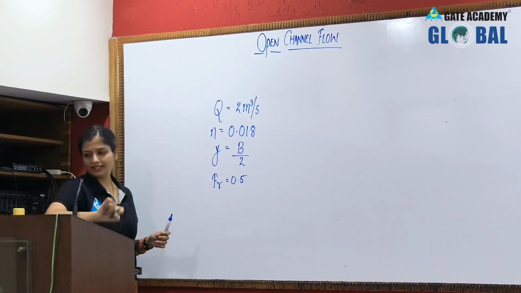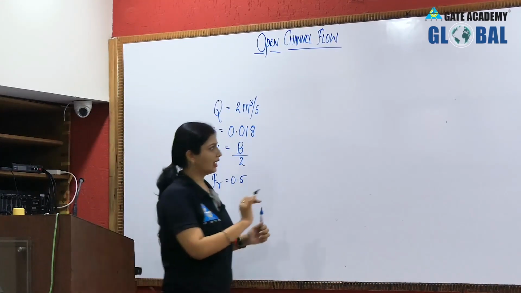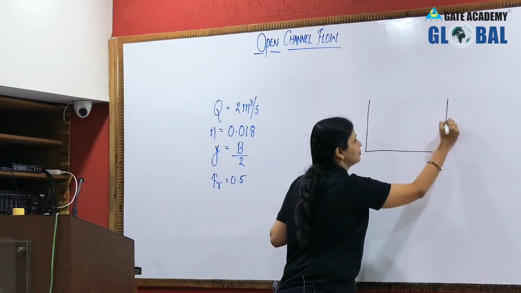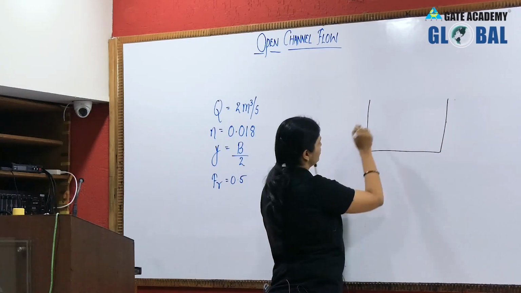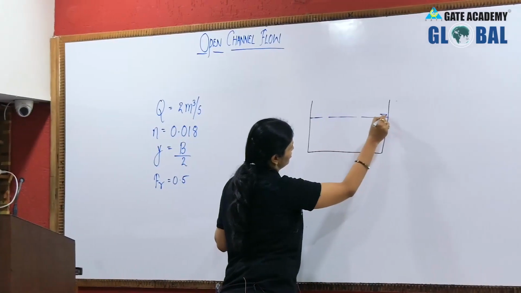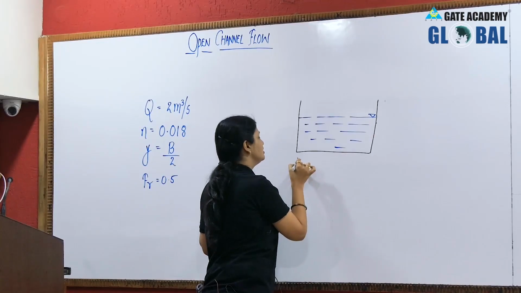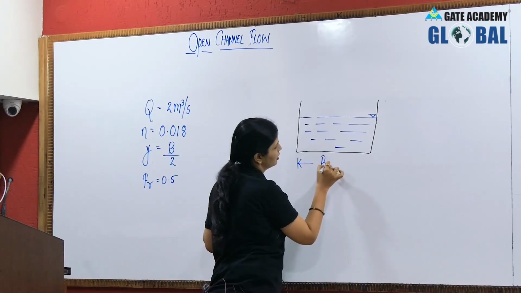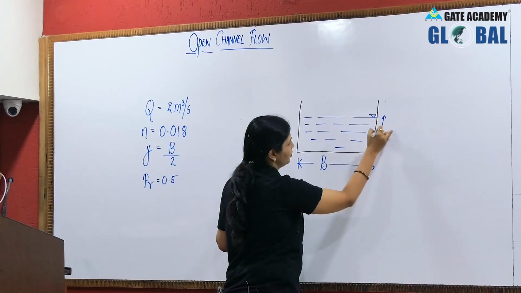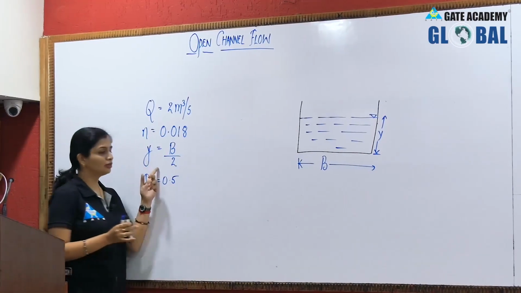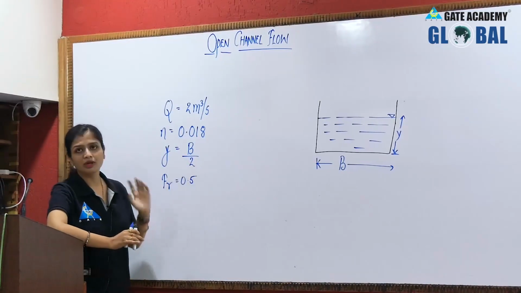So let me draw a rectangular open channel section first. This is your width and this is your depth of flow. The condition has already been given that your depth of flow is half that of your width.